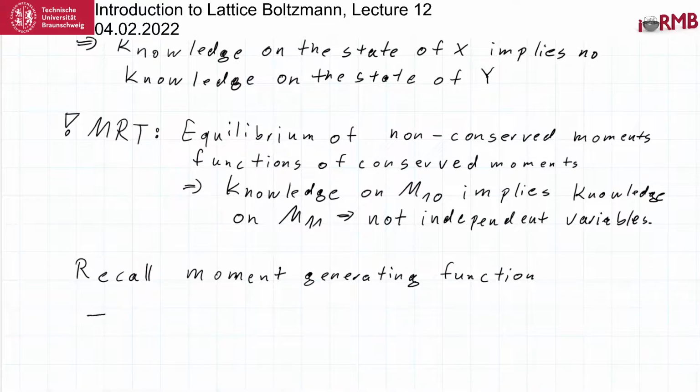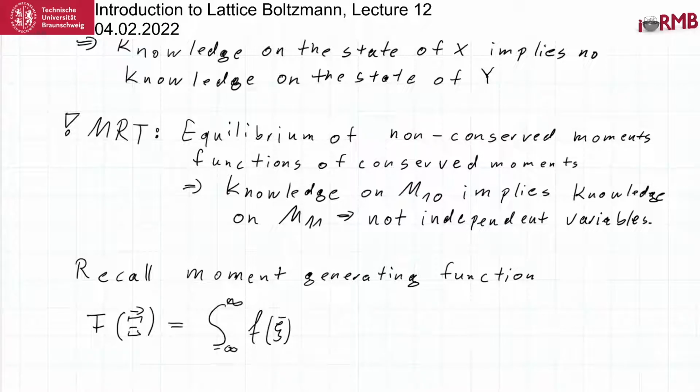The moment generating function that we call capital F is, in frequency space, the integral from -infinity to infinity of f(xc), or also the distribution function in the velocity space, times e to the power of Xi c, where small xc is the velocity and large Xi c is the Fourier transform or the Laplace transform of the velocity, integrated over the velocity space.